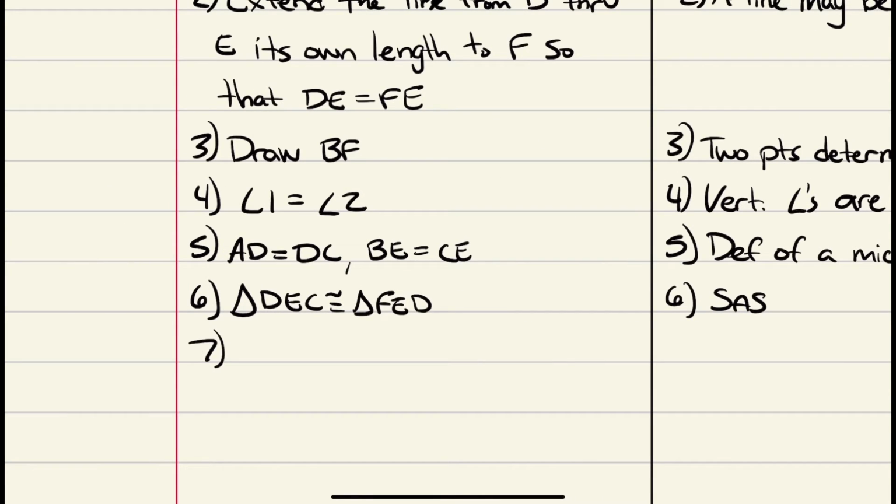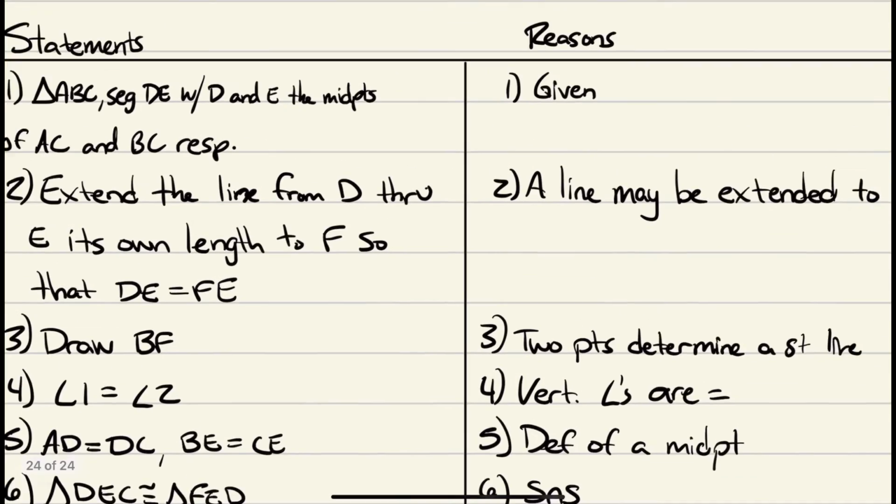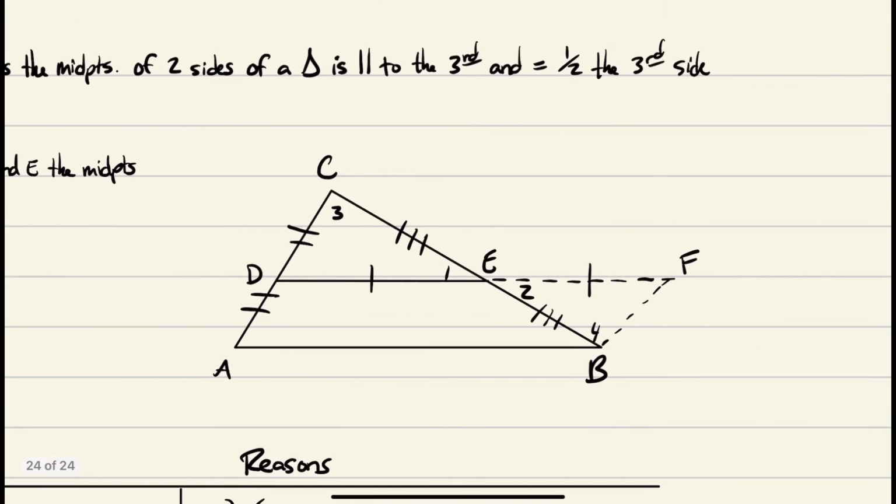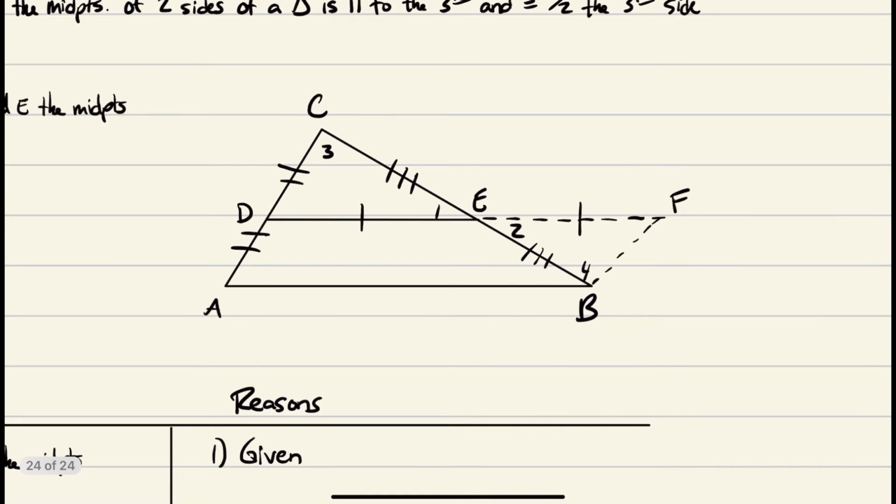Number 7, angle 3 equals angle 4, and FB equals DC. I think we already know what the reason will be here, but let's just quickly look. I said that these angles are equal to each other, and I said that FB equals DC over here. So let's also make two hash marks here because it's equal to that.